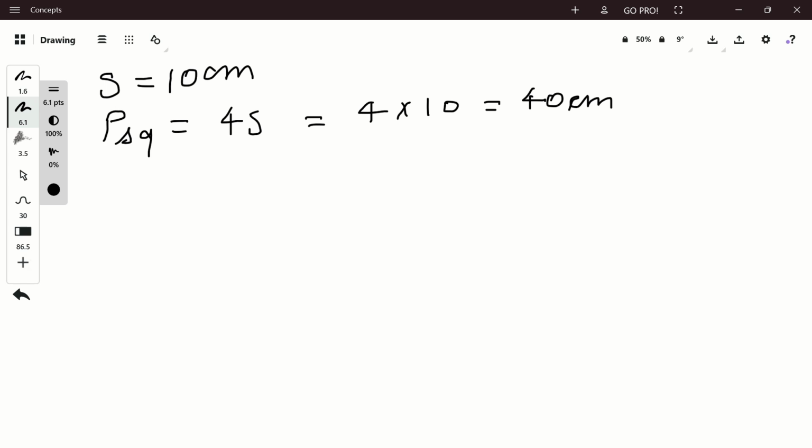The perimeter of rectangle is equal to perimeter of the square. That is P rectangle is equal to 40 centimeter. The length of the rectangle L is 12.